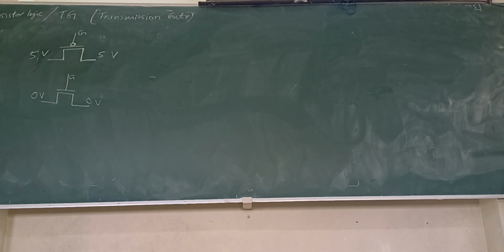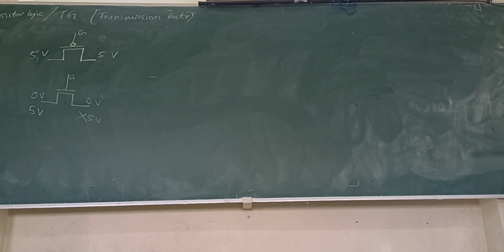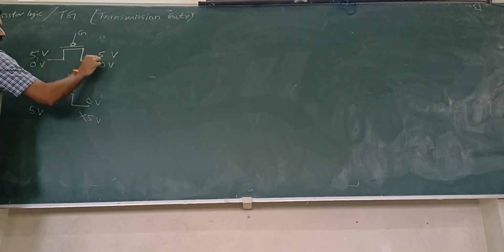On the other hand, if I want to pass logic high from NMOS, if I give 0 here, 0 comes, but if I give 5 volts, these 5 volts do not come. Here if I want to pass 0 through PMOS, this 0 will not come.